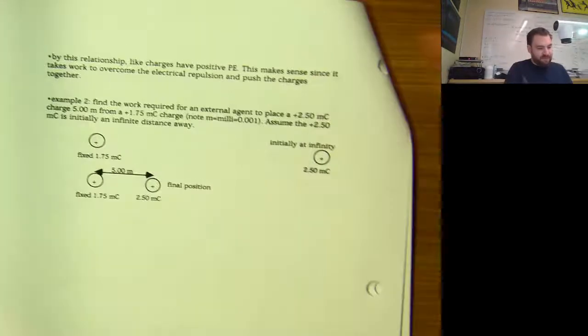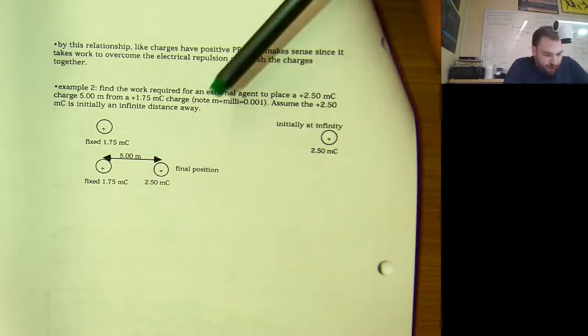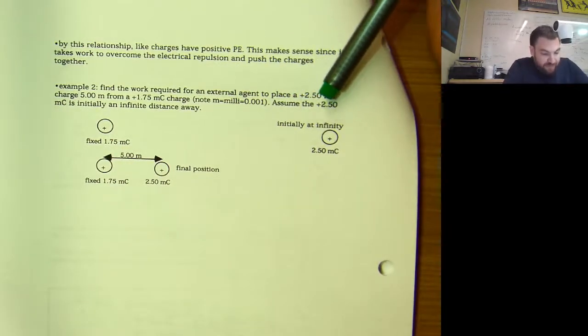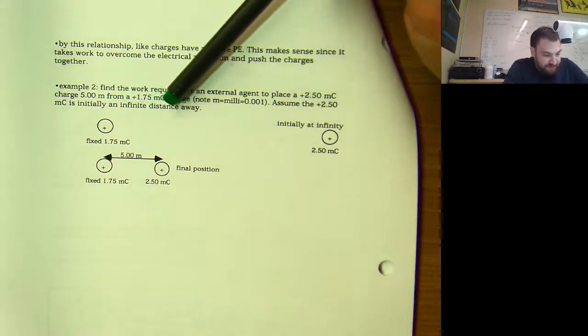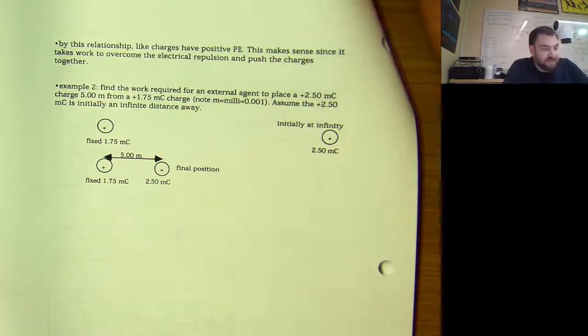Okay, let's look at another one. Example 2. Find the work required for an external agent to place a 2.5 millicoulomb charge 5 meters from a 1.75 millicoulomb charge. Assume the 2.5 millicoulomb charge is initially an infinite distance away.